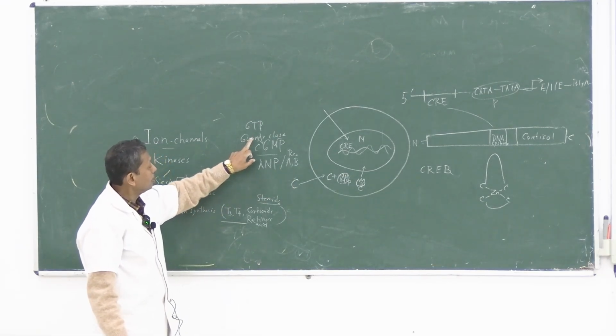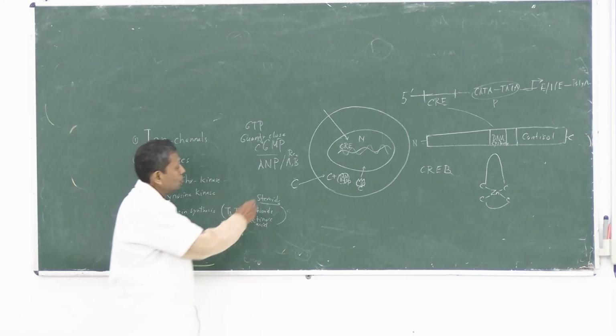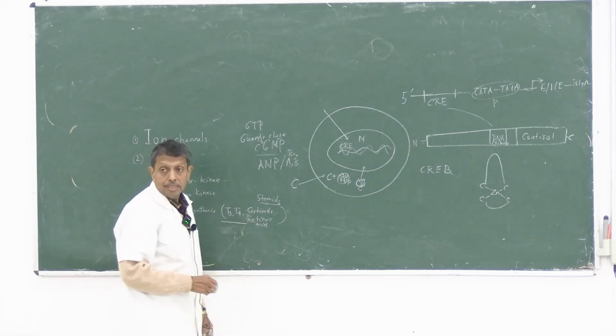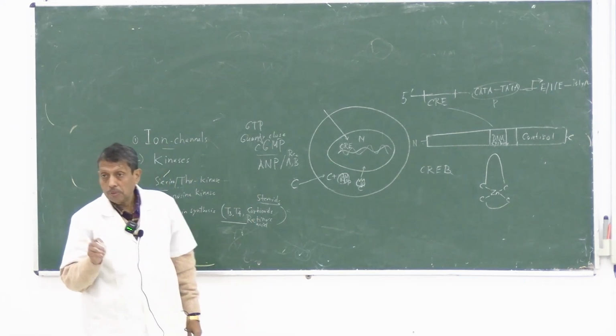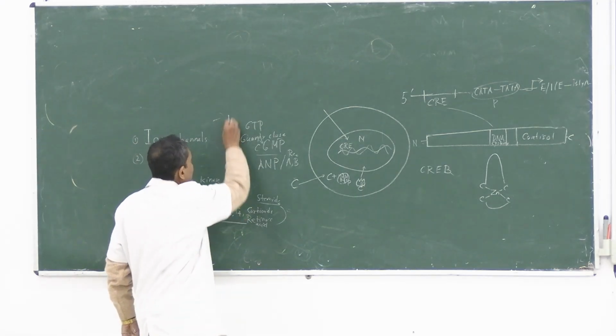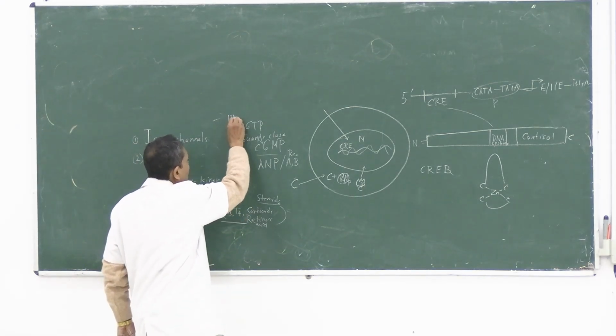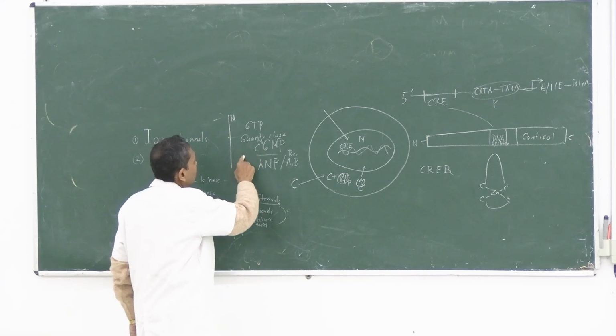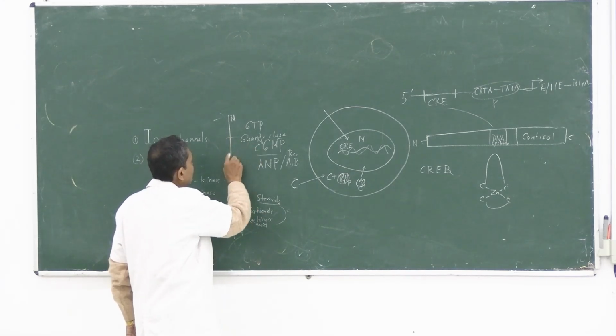It is the membrane bound guanylate cyclase. But within the cytosol, there are soluble guanylate cyclases. The membrane bound one has a structure in which the N-terminal end binds the ANP, and it has tyrosine kinase-like and guanylate cyclase activity.